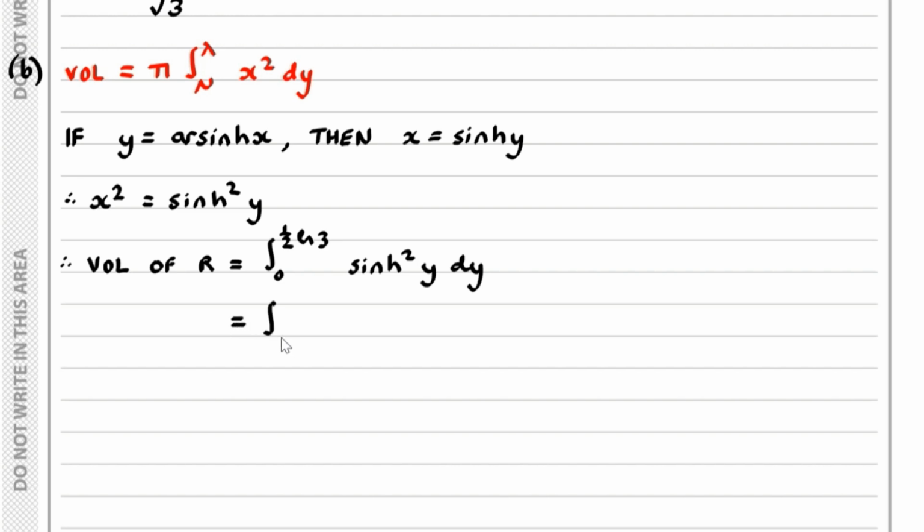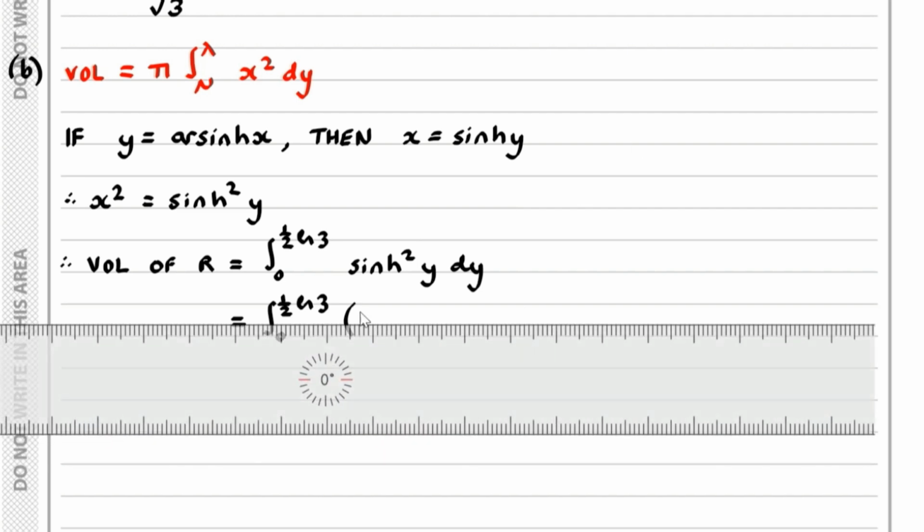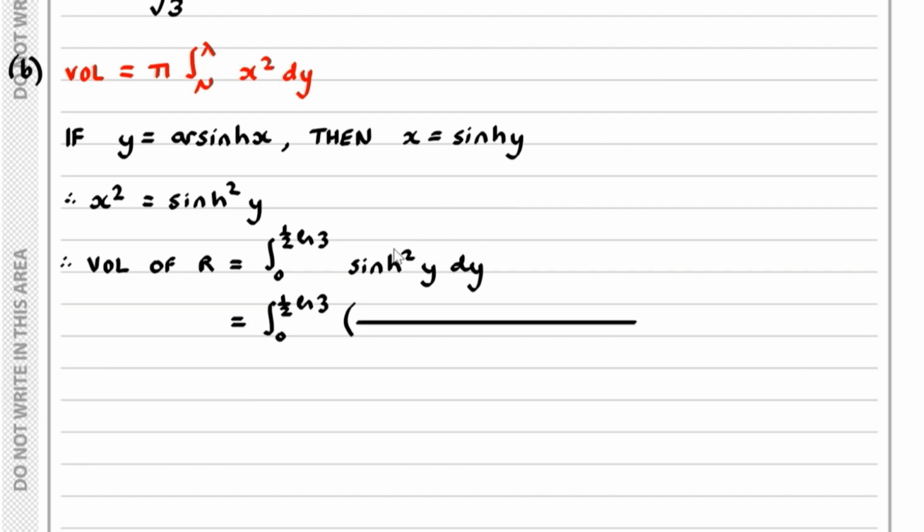So we've got the integral from 0 to 1/2 times the natural log of 3 of, well, here we need to be a bit careful. We have e to the power of y minus e to the power of minus y, over 2. And then we're going to square this result.